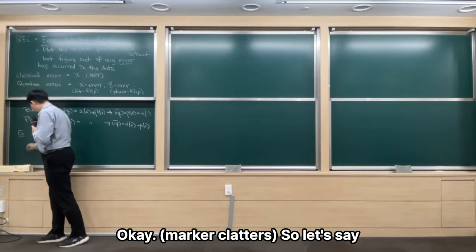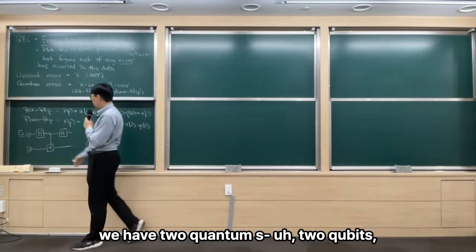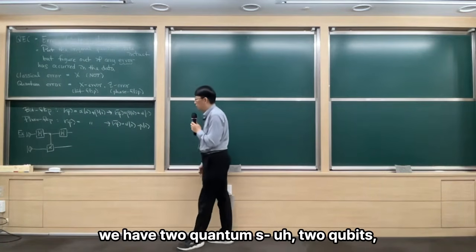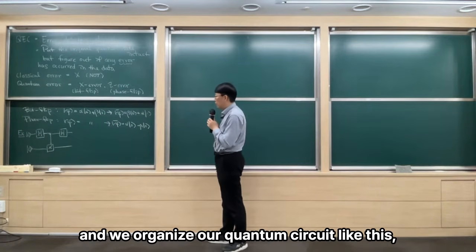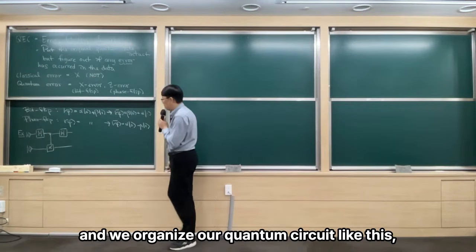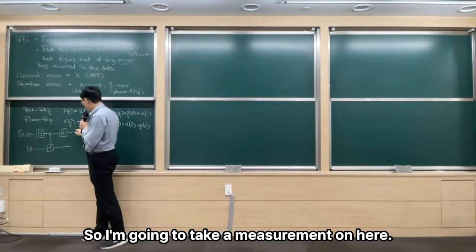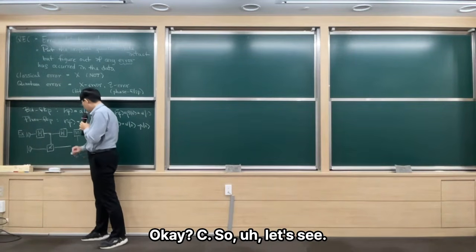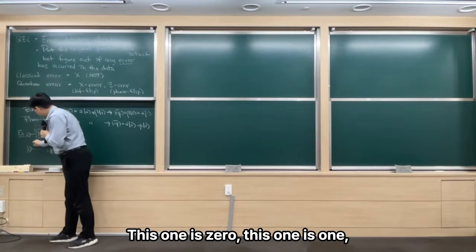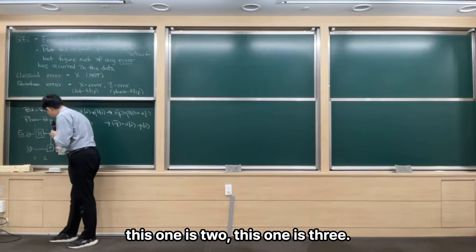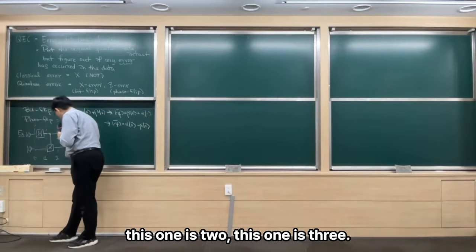So let's say we have two qubits, and we organize our quantum circuit like this, and let's see what happens at the end. I'm going to take a measurement here, call it C. So let's see, this one is 0, this one is 1, this one is 2, this one is 3.